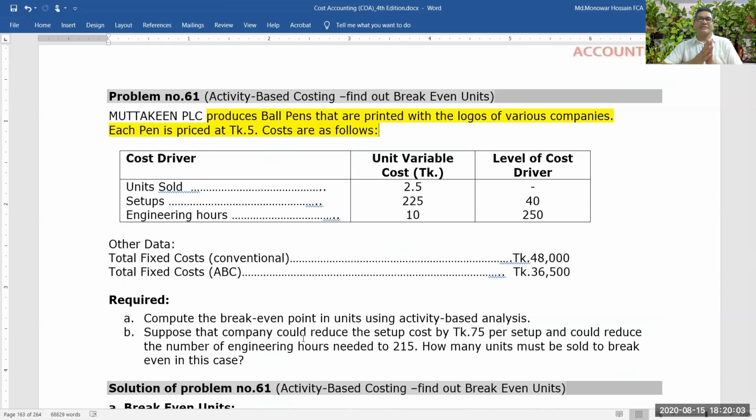Each pen is priced at taka. Costs are as follows: units sold is the cost driver; unit variable cost 2.5; setup, number of setups 225, level of cost driver 40; engineering hours 10, level of cost driver 250. Other data: total fixed cost conventional 48,000, fixed cost ABC 36,500. Compute the break even point in units using activity based analysis.